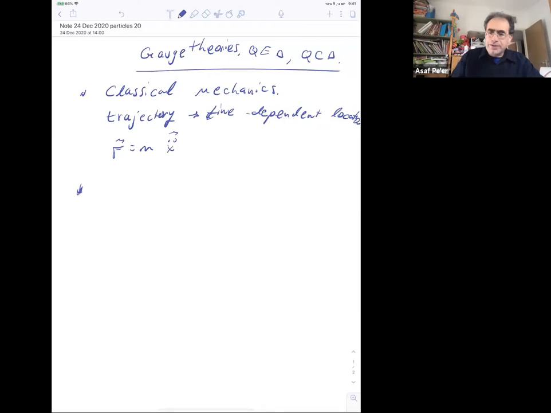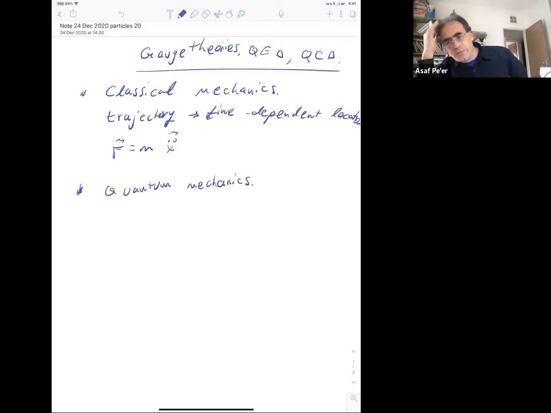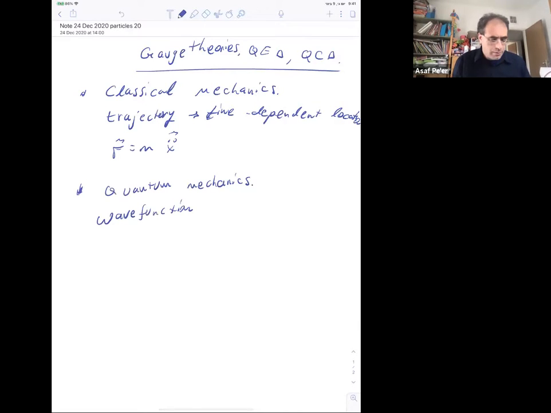Now, the next step that you're supposed to learn, I assume, is quantum mechanics. In quantum mechanics, we treat a particle not as a point-like billiard ball, but as a wave function. But the wave function itself obeys a differential equation, which again follows from the kinematics.